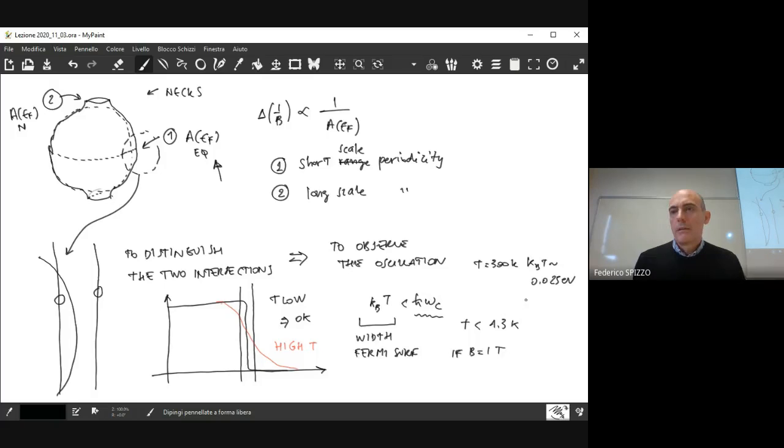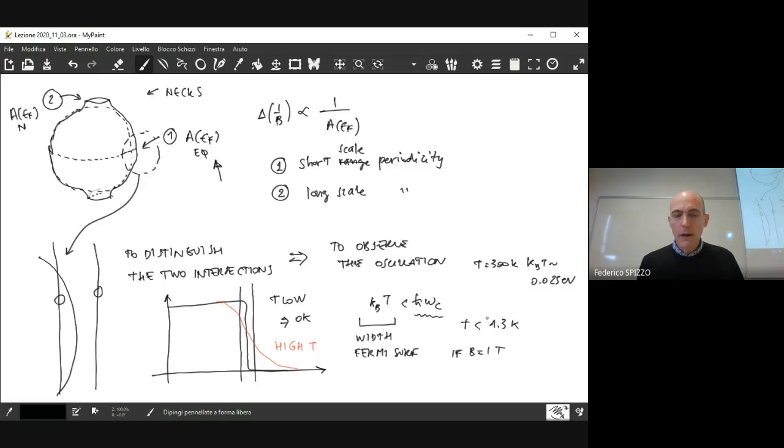Since omega c is proportional to B, you may increase B. So if in place of 1 Tesla, you put there 10 Tesla, then from 1.3 you switch to 13. So that is easier to obtain. But in general, do not expect to observe that at room temperature. You have to cool your system down to low temperature to observe this kind of oscillation.